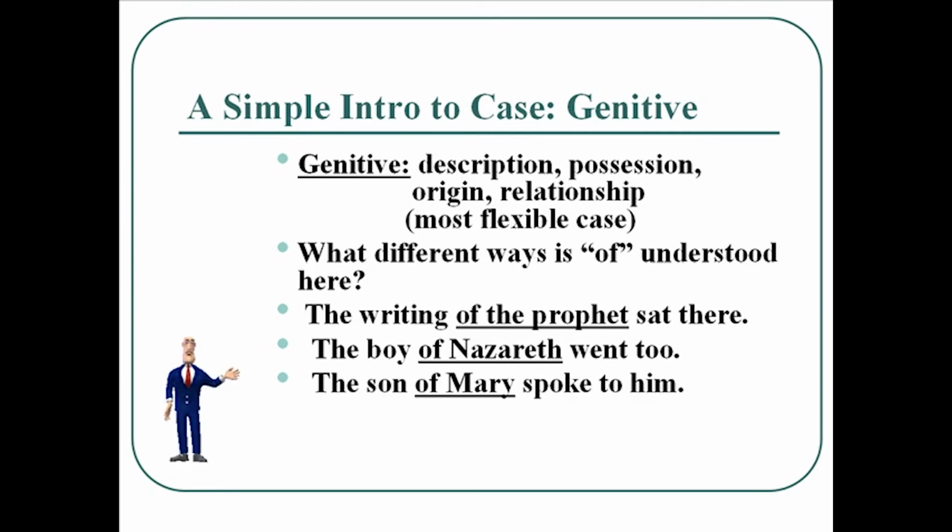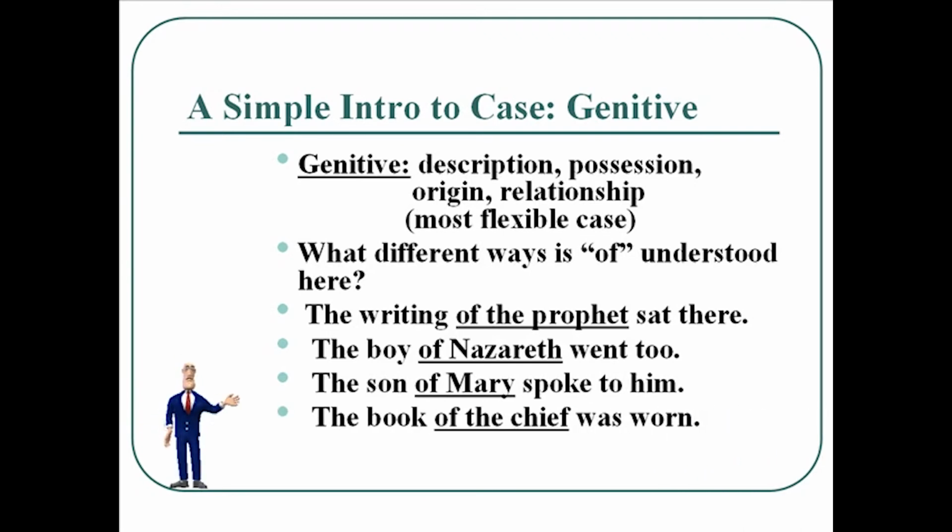The son of Mary spoke to him. Of Mary would describe a relationship, mother to son. And the book of the chief was worn would be the chief's book, that is, possessiveness. Generally we're going to use the word of to translate the genitive, but you can see that the English word of as the genitive can be used in all sorts of different ways.